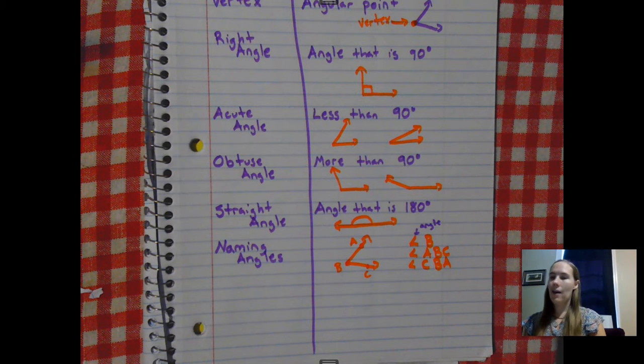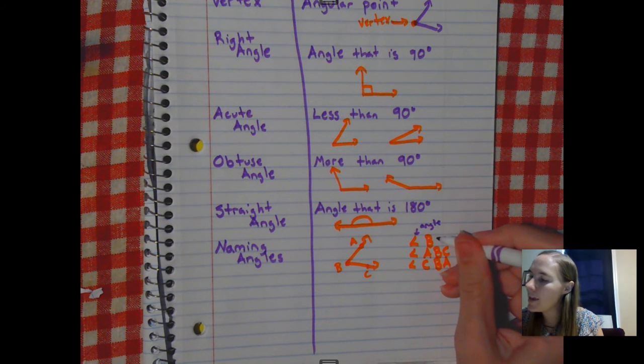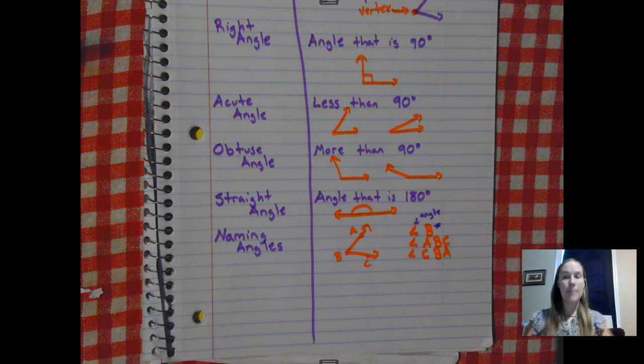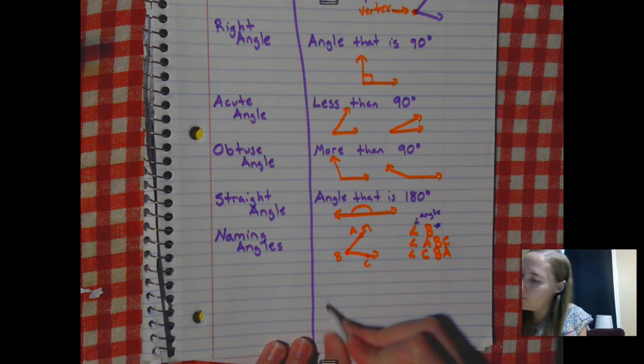I will say, this right here, you cannot always use that as a naming tool. And the reason being is, sorry, I need to get another color. Brown will do. Say we had another angle.